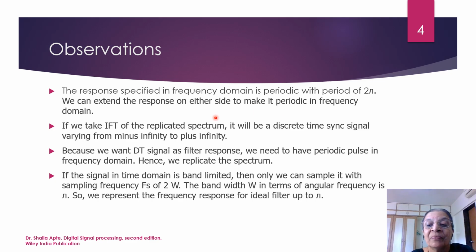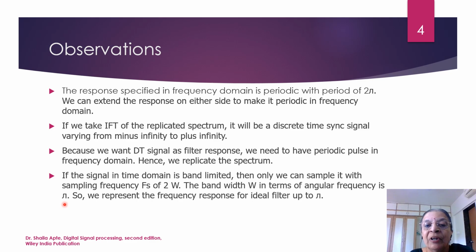So see, when we have the analog signal and we are sampling it, we can only sample it provided the signal is of finite bandwidth. Only if the signal is band limited, I can sample it with a sampling frequency of twice W, right? And this bandwidth W, if I want to represent it in terms of angular frequency, it will be equal to pi, because the Nyquist frequency will be equal to W. When Fs is 2W, Nyquist frequency will be W, and in terms of angular frequency, it will be represented as pi.